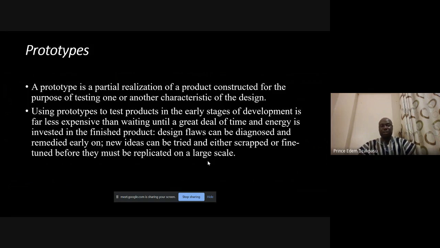When we use prototypes to test products in the early stages of development, it is far less expensive, so that we don't go through the final development only to realize that there are flaws. In the prototype, if there are flaws, they can easily be diagnosed and remedied very early. New ideas can also be tried, and some ideas can be totally scrapped or fine-tuned before they are replicated on a large scale.